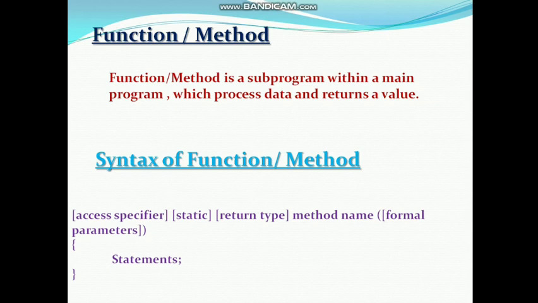Here the access specifier is public, then you write the keyword static, then return type is void, then you write the method name, that is main. So that is the main function that we write for each and every program.